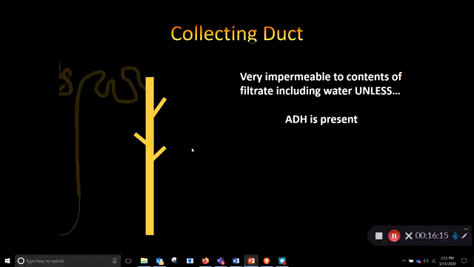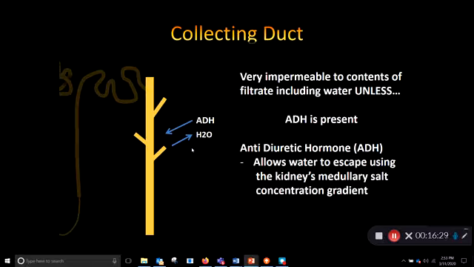Finally, after the distal convoluted tubule, we have ourselves a collecting duct, which is extremely impermeable to water, unless, and only in this condition, a hormone called ADH is present. ADH is called, in its fullest, antidiuretic hormone. Let's pull apart that word.